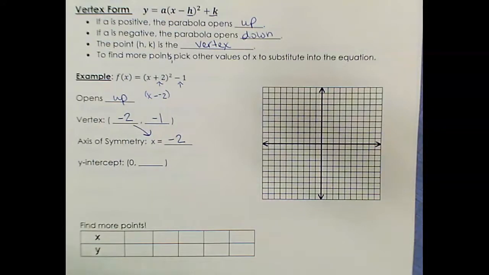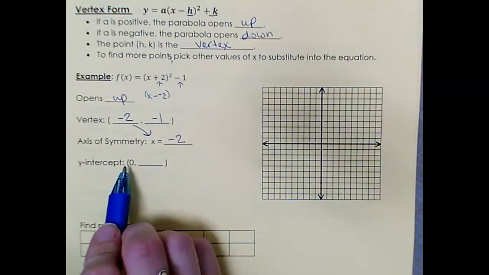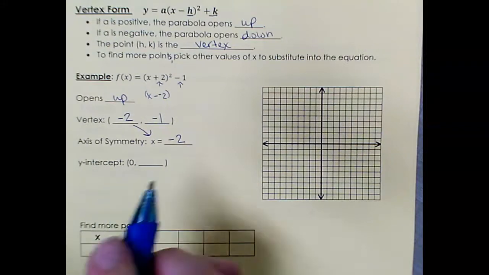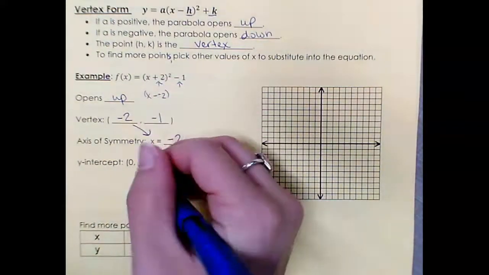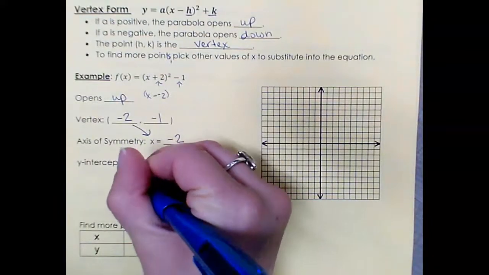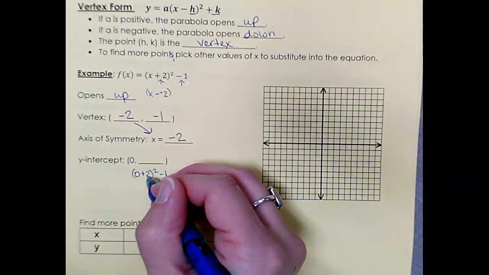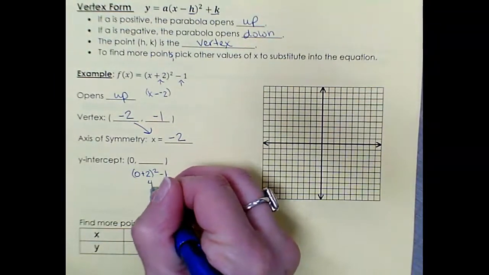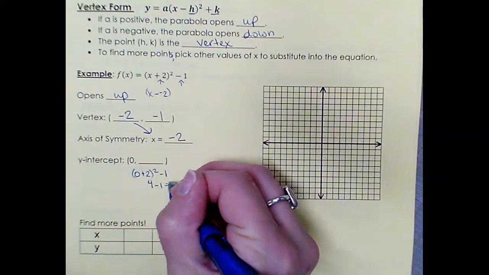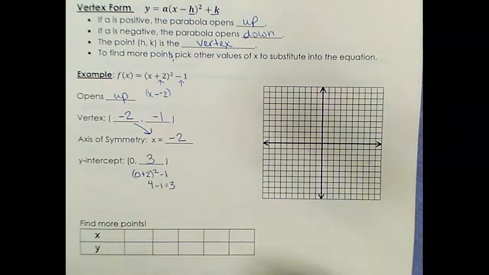So what you need to do in order to find the y-intercept is substitute 0 in place of x. So 0 plus 2 squared minus 1. 0 plus 2 is 2. 2 squared is 4. 4 minus 1 is 3. So there's my y-intercept.